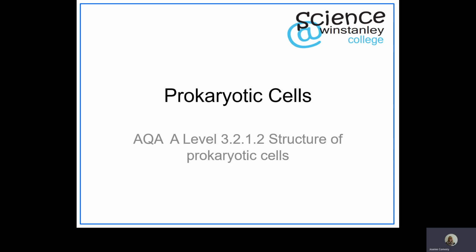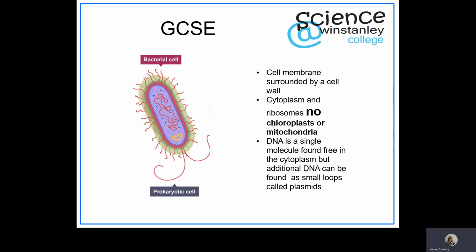To begin with, what I want to really do is go back to GCSE and have a little look at that original structure that we have been looking at previously. At GCSE, one of the things you may have looked at is bacterial cell structures, prokaryotic cells as an example.